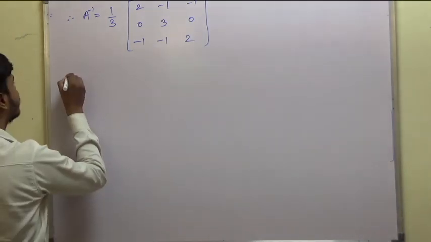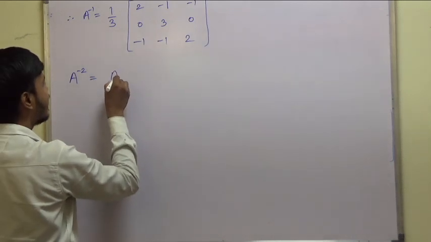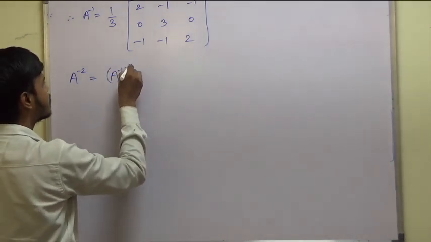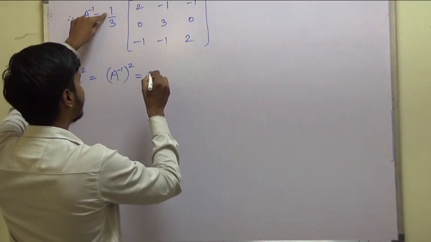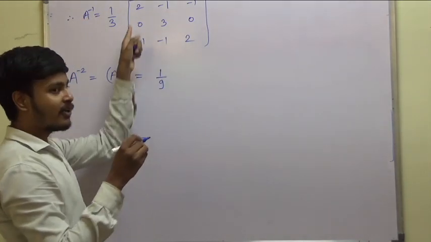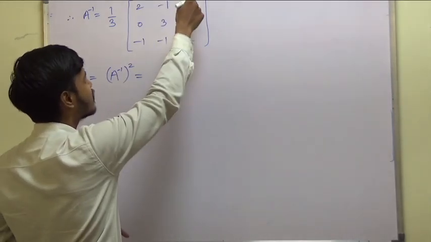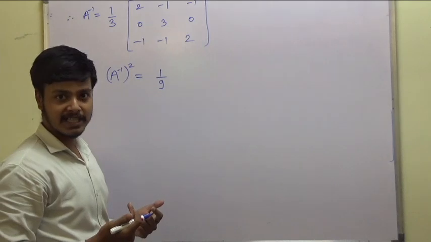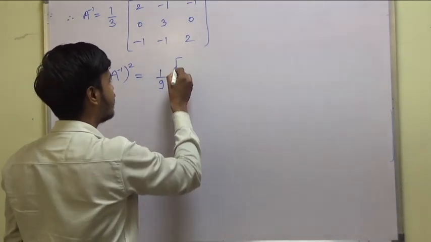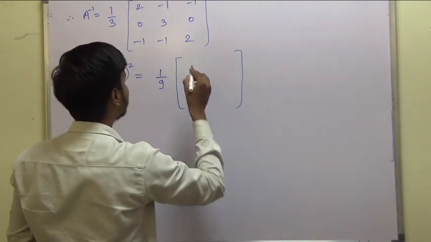So we have to find out A power minus 2. So what is it? A inverse square. So what is the square of this? 1 by 9. And how to find out the square of this? Don't tell me like 2 square, minus 1 square, minus 1 square. It is not the case. Okay, what you have to do is, you just have to multiply this matrix with the same matrix.